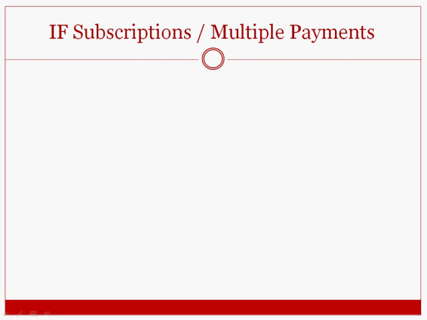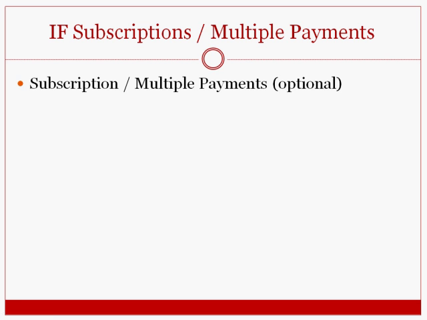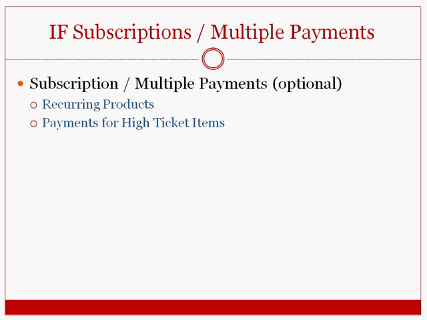Let's say you know that for a fact somebody's not going to pay $1,000 up front, but if they could afford it, they would pay $100 or $200 a month. That would be an option there. So if you go this route, this is an option. It applies to recurring products and payments for high-ticket items or low-ticket items if your audience are unable to pay a certain amount.